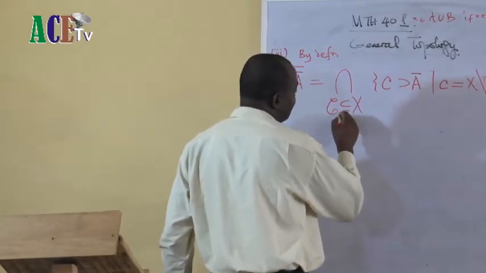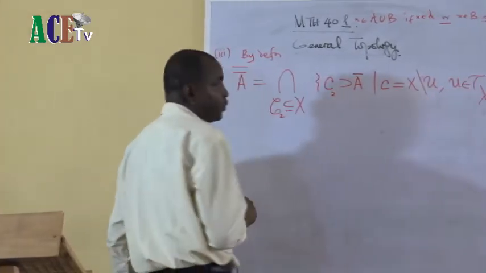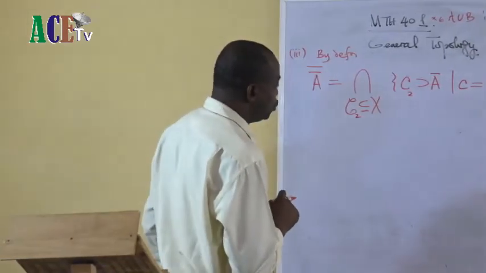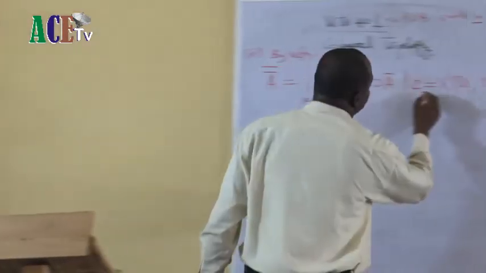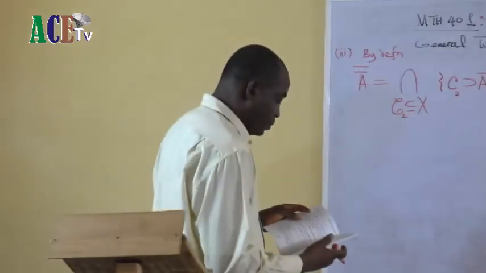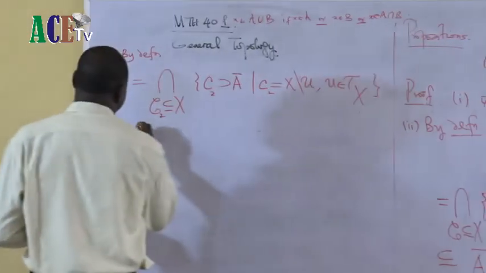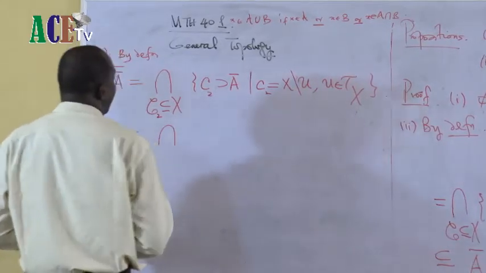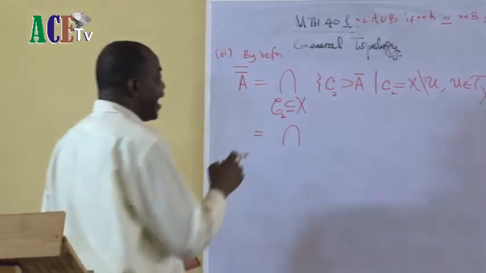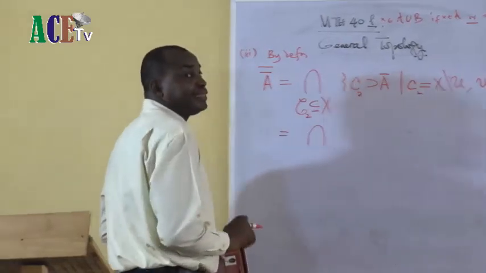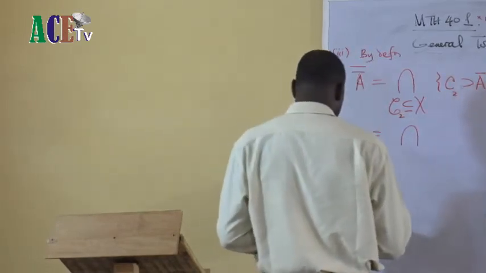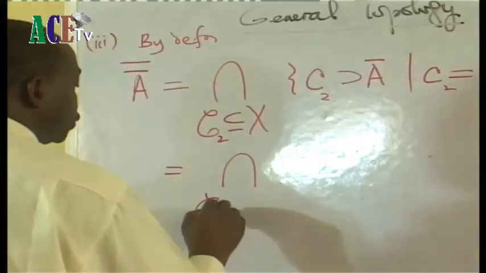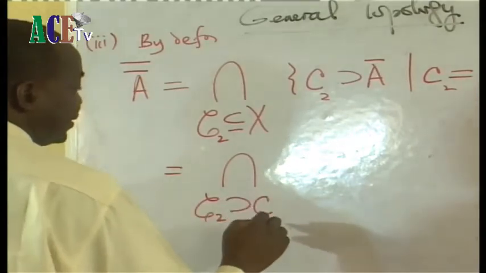Let me call it C2. Now there's also a possibility of having another closed set that is smaller than C2, so that we have C2 containing C1.